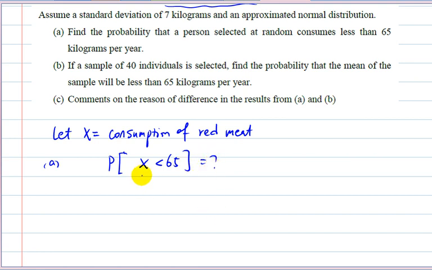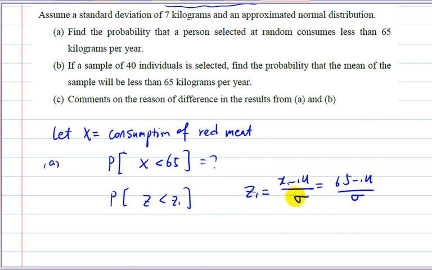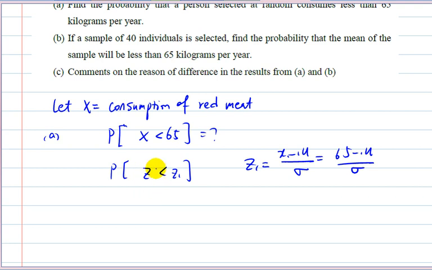Capital X has an approximately normal distribution, so we don't calculate the probability directly, we calculate its z-score. The z-score z1 is capital X minus mu over sigma, where small x is the given value. You calculate that, and then you go to your z table and look for the probability of this.